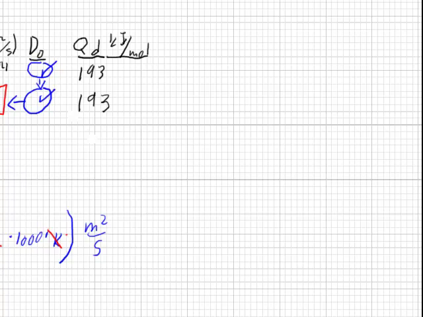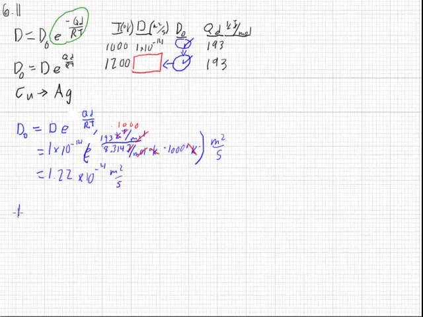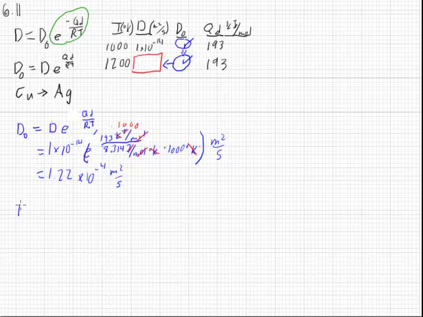Okay, now we can use it for this equation. So for 1200 degrees Kelvin, the diffusion coefficient at 1200 is equal to the pre-exponential times e to the negative QD over RT, and the QD is going to be the same, 193 kilojoules per mole.